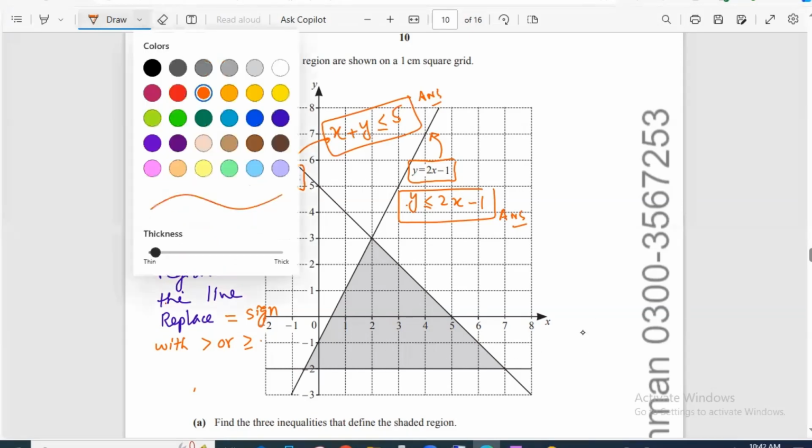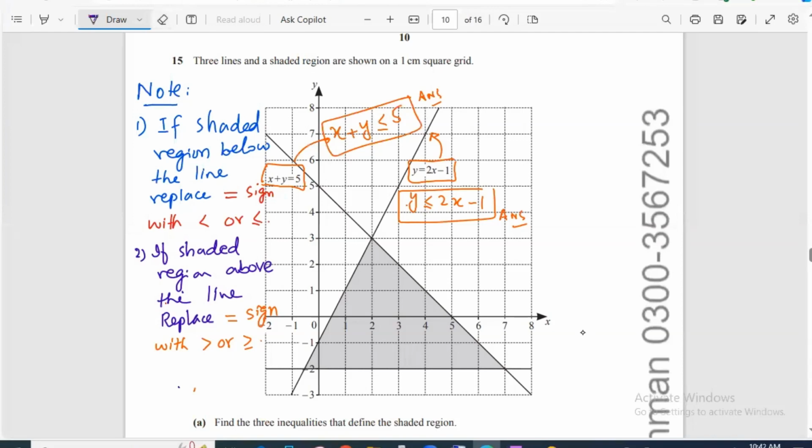So y equals minus 2, the equation of this line, and the shaded region is above the line, so we have to replace the equal to sign with greater than equal to sign. So I'm going to write y greater than equal to minus 2 as the third answer. So these are the three inequalities.